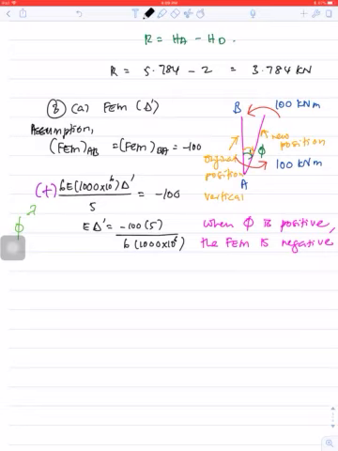So this is E delta prime. We substitute this into the formula of FEM for column CD.